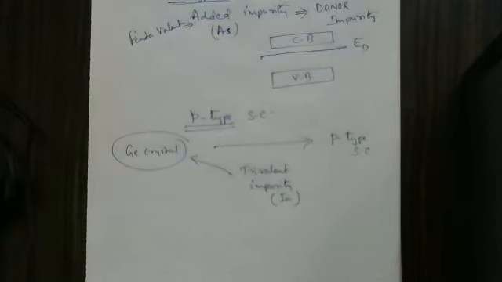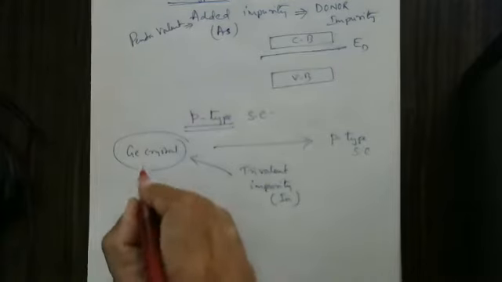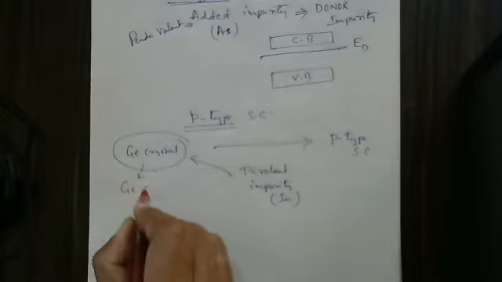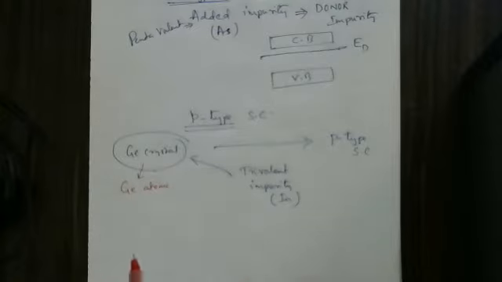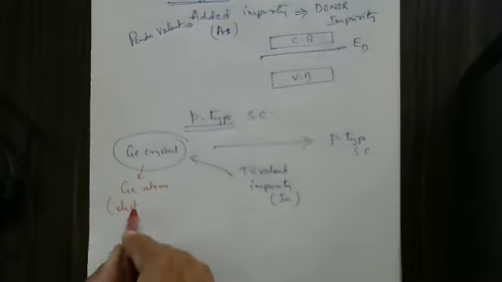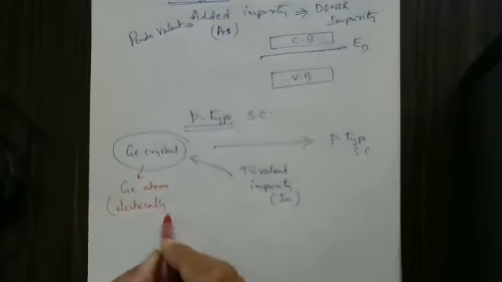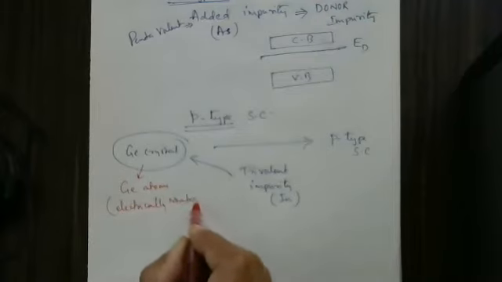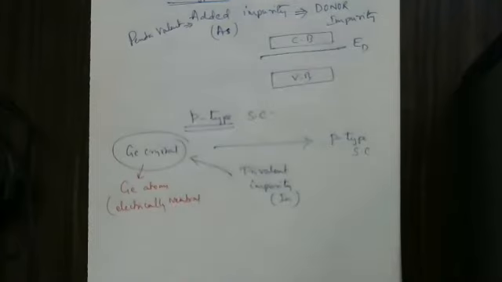Now, the germanium crystal contains germanium atoms, which are electrically neutral. The indium atom is also electrically neutral.